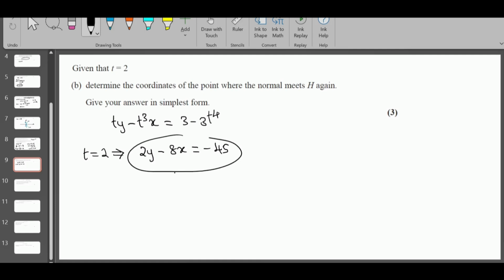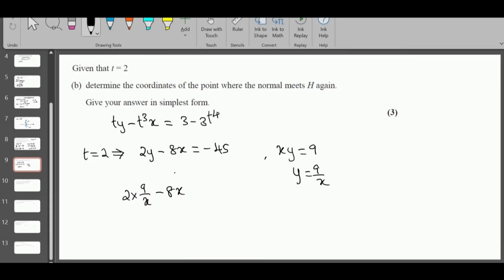This normal, this line meets the curve. The equation of the curve is xy is equal to 9 at a point again. So you need to solve these two actually. So we can take y is equal to 9 over x and sub in here. 2y is 2 times 9 over x minus 8x plus 45 is 0.